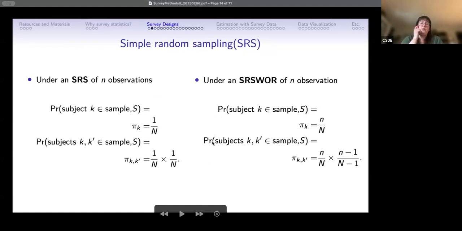So the first sampling design that we're going to talk about today is what we call simple random sampling. In regular statistics, that's usually what we're assuming when we assume an IID sample.